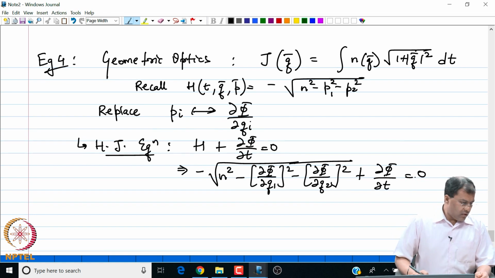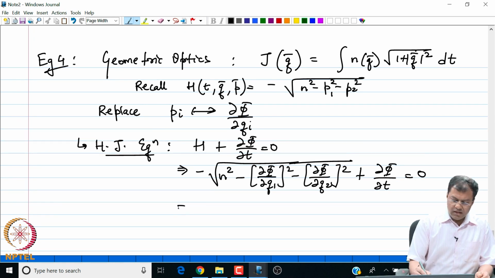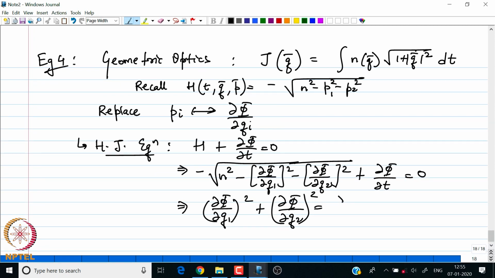Okay, so we can simplify this equation a little bit by taking this partial phi partial t to the other side and then taking the square on both sides. I see that this is partial phi partial q1 squared plus partial phi partial q2 squared plus, after all the simplification, partial phi partial t squared, which is equal to n squared. Now I can write down this equation in a more compact form.